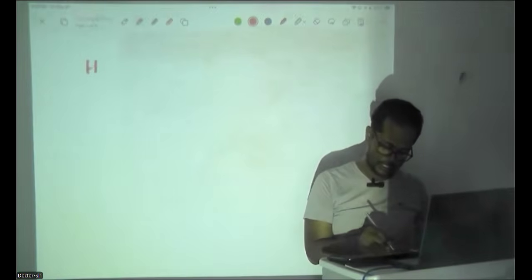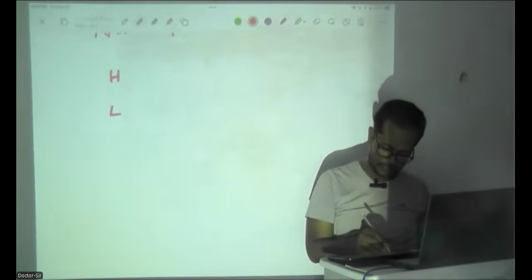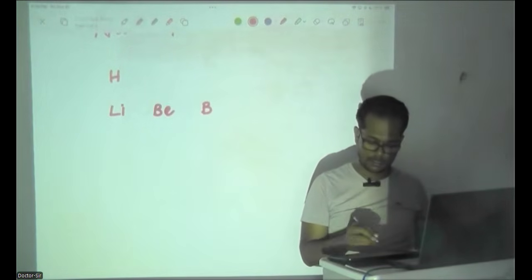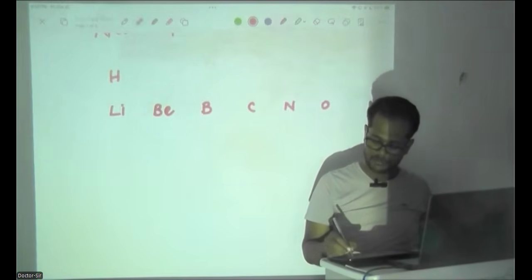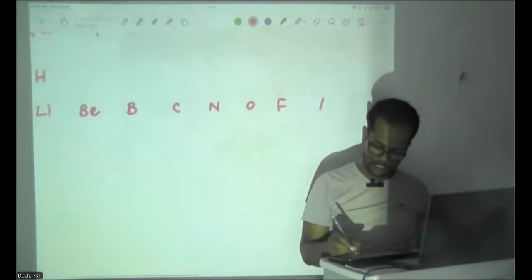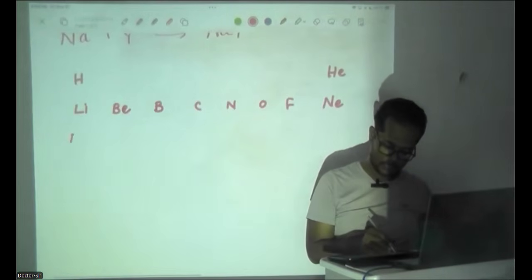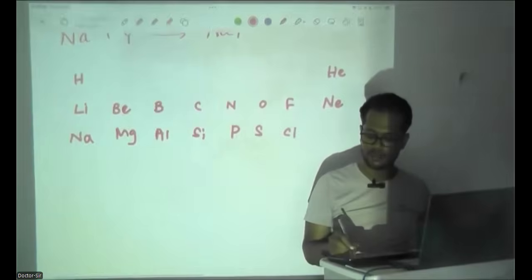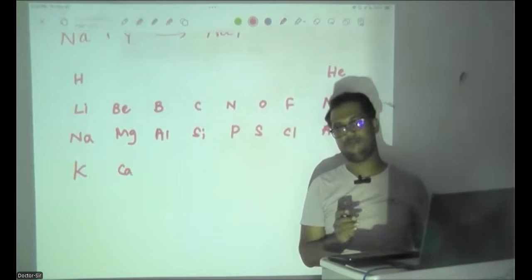I will put in some of the elements: lithium, beryllium, boron, carbon, nitrogen, oxygen, fluorine, and neon. Helium is there. Now sodium, magnesium, aluminium, silicon, phosphorus, sulfur, chlorine, argon. Then potassium, calcium.